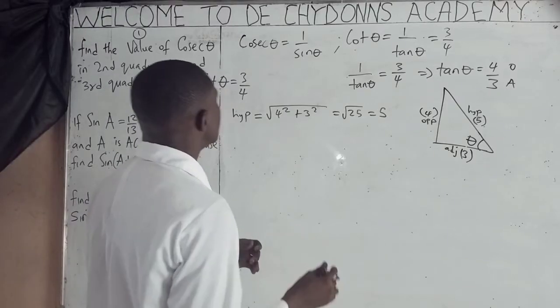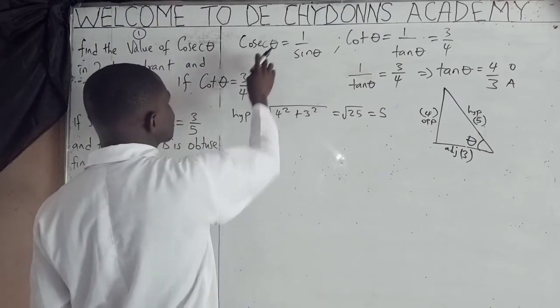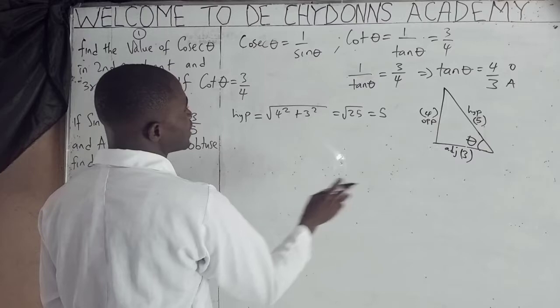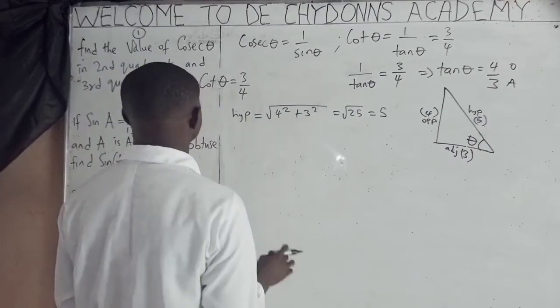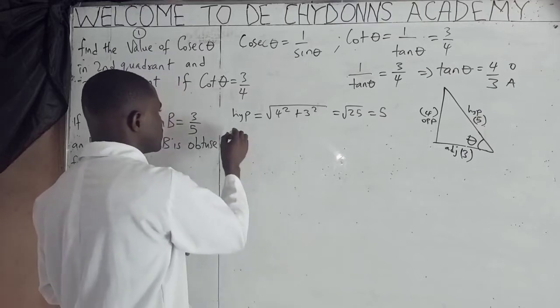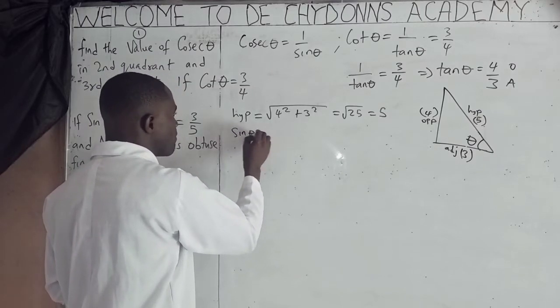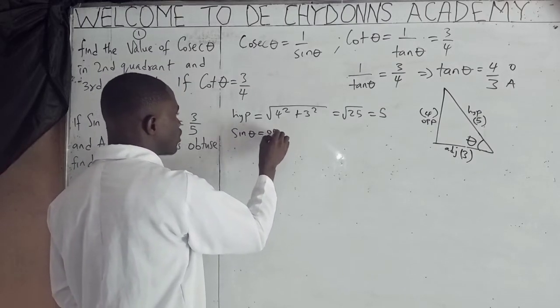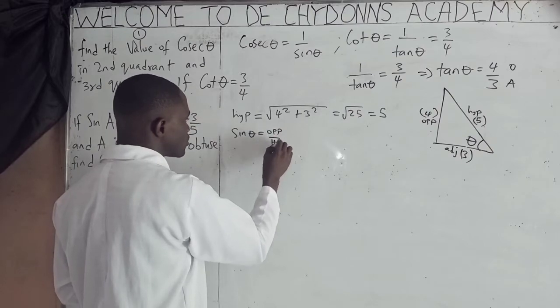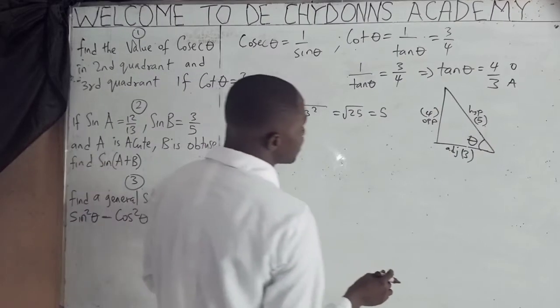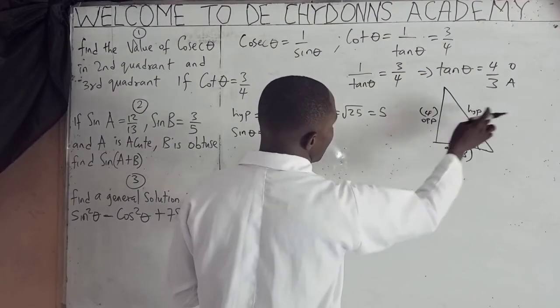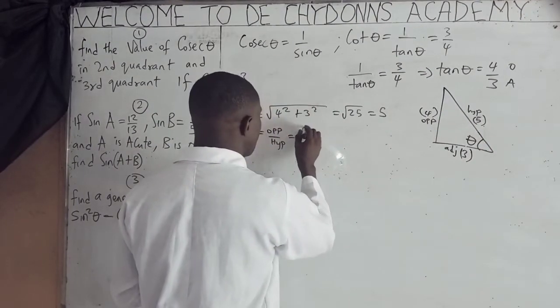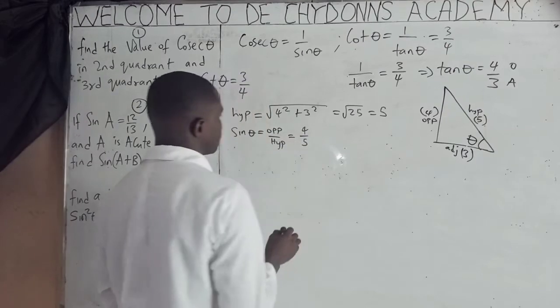Then, if you are looking for cosec theta, get what sin theta will give you and invert it. Now, sin theta will be equal to opposite over hypotenuse. Opposite over hypotenuse will give you 4/5.